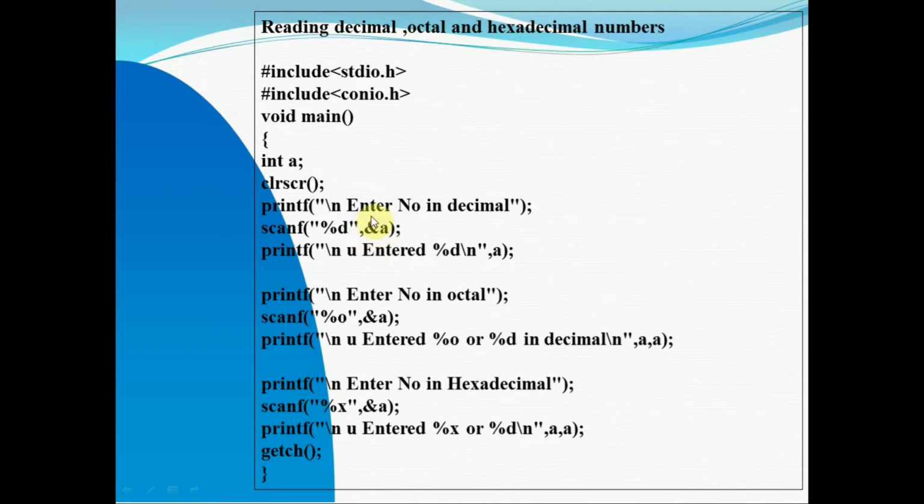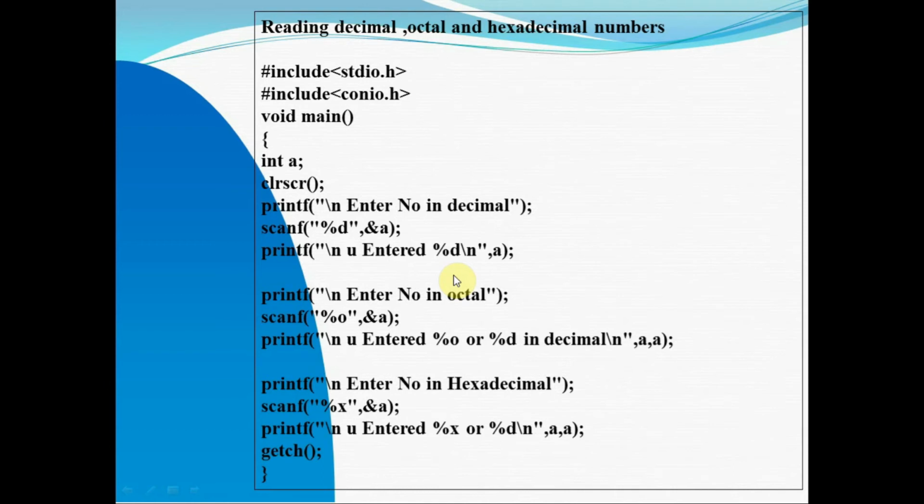The data should be stored in the corresponding variable, that is the corresponding address of the variable. Then the entered value, %d comma a, so that the a value is displayed here. \n is used for a new line. If we want to go to the new line, we use \n.